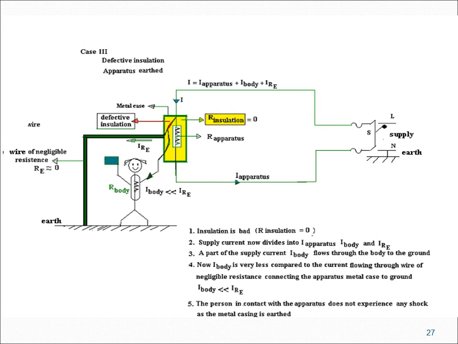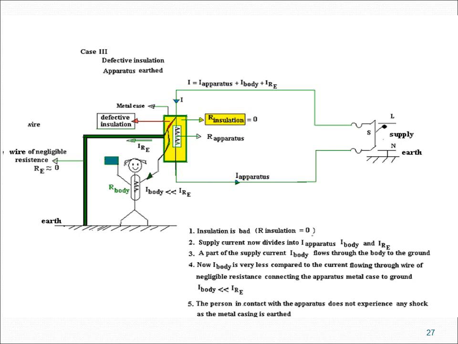The supply current divides into I apparatus, I body, and one more current path through the earth. A part of the supply current, I body, flows through the body to the ground, but I body is very small compared to the current flowing through the wire of negligible resistance connecting the apparatus to the ground. So the person in contact with the apparatus does not experience any shock, as the metal casing is earthed.